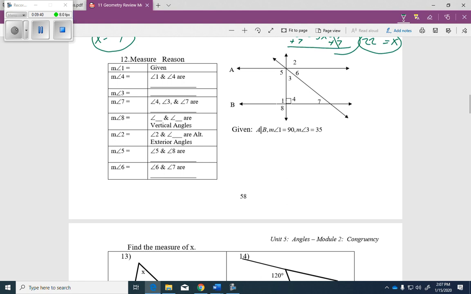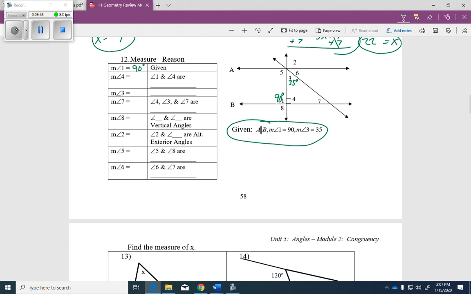So I like looking at my given and filling it in a picture. And now I'll go through the chart. Measure of angle 1. I could see it's 90 degrees, and it's because it was given.